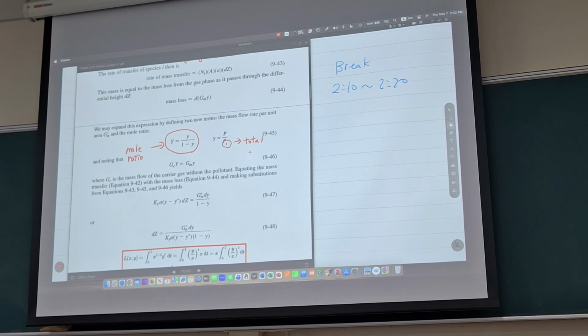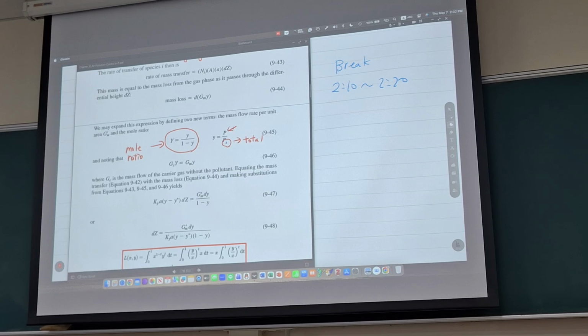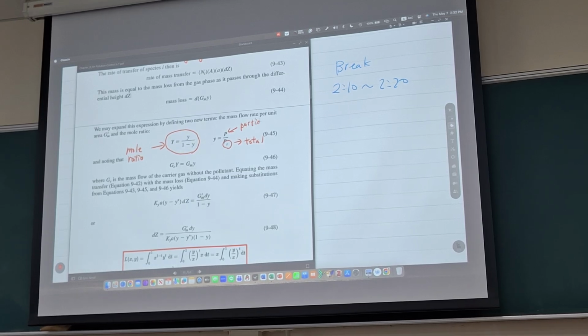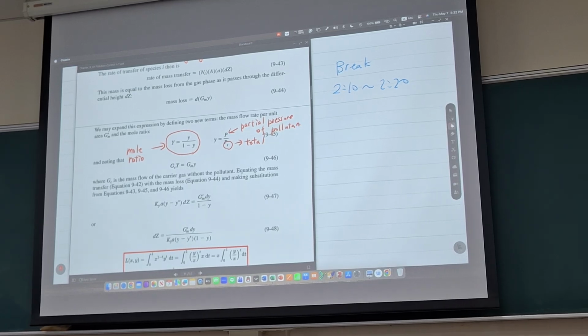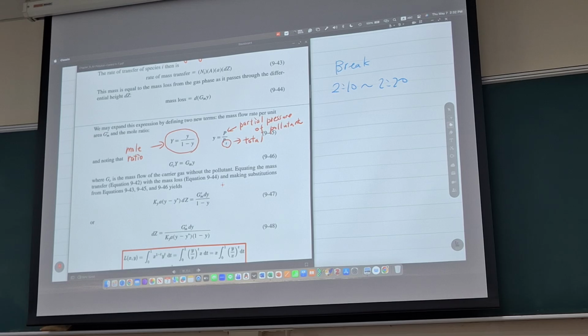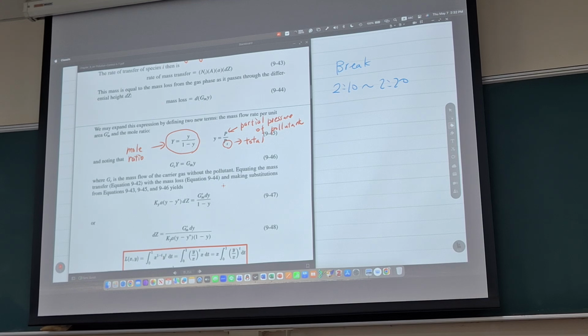So y equals the partial pressure of the pollutant over the total pressure. I'm sorry, the pen is not working. Okay, y is the partial pressure of pollutant over the total pressure.